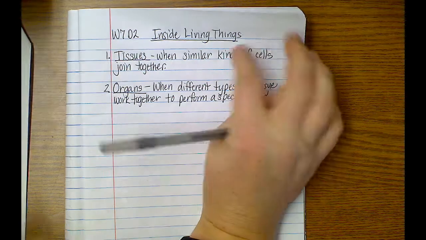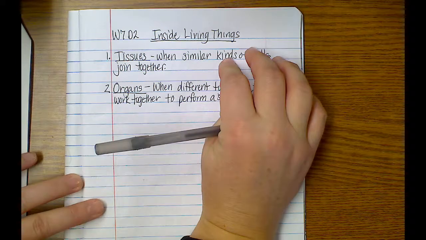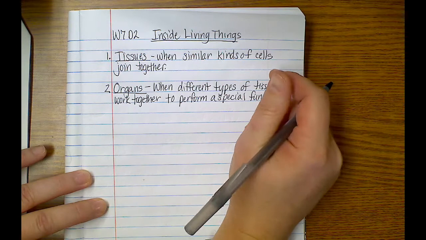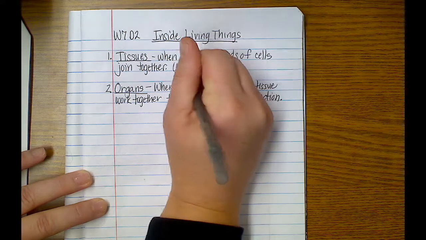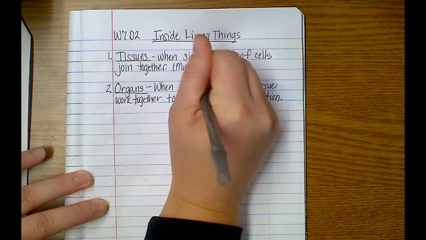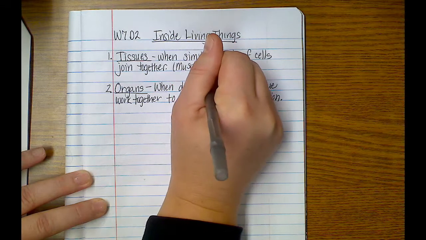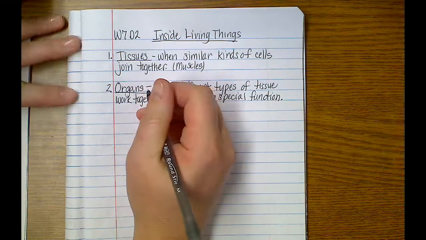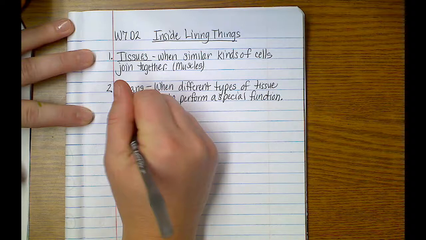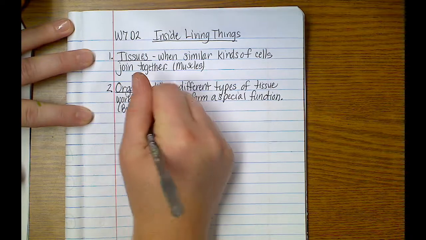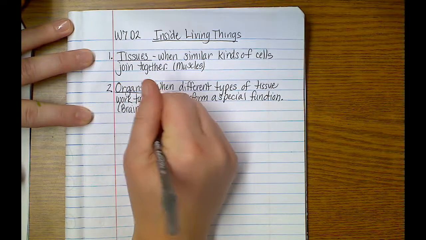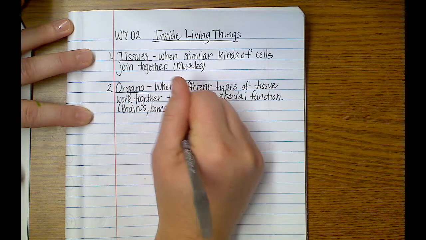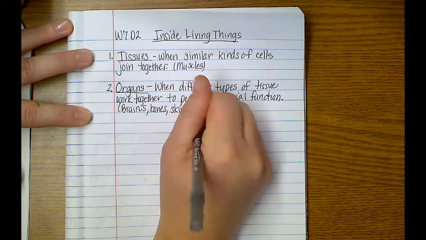Okay, so when we're talking about tissues, it says like muscle, those types of things. Organs, we're talking about brains, bones, skin, heart, those types of things.